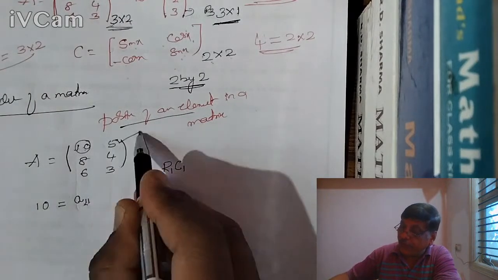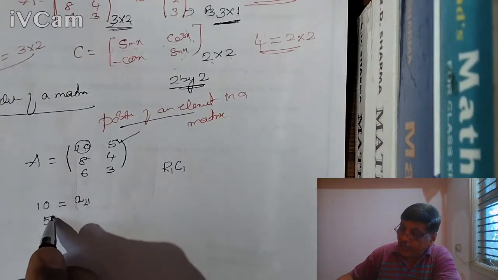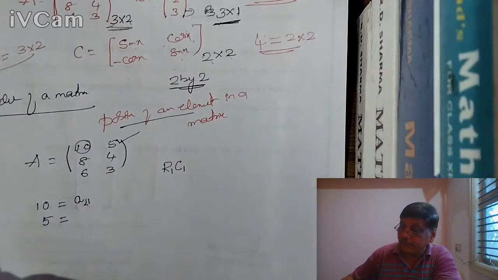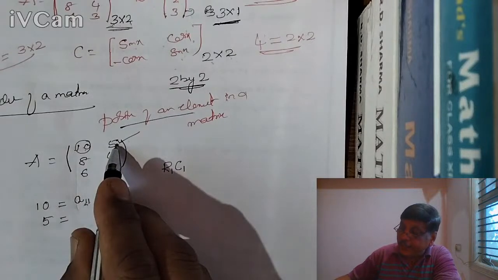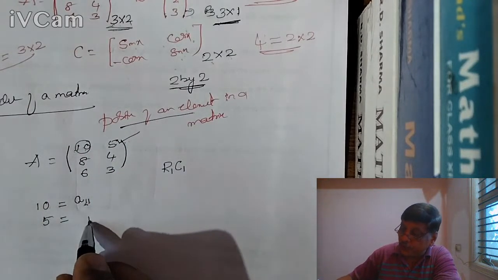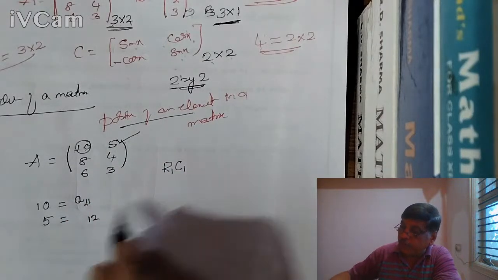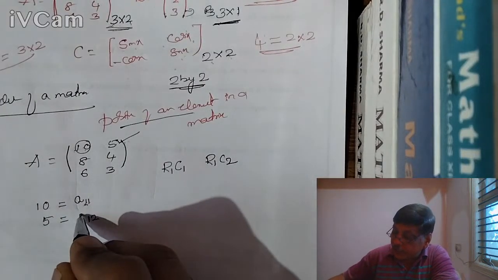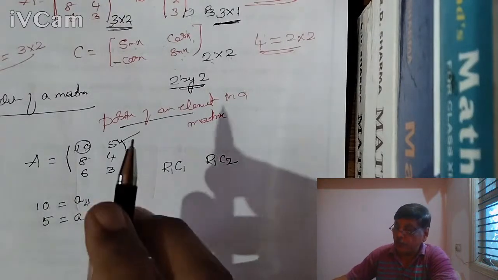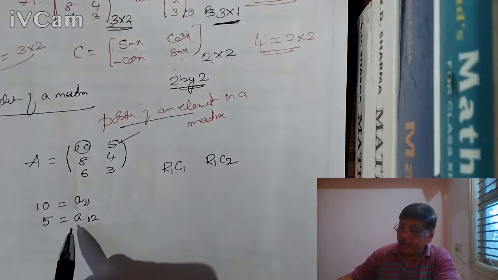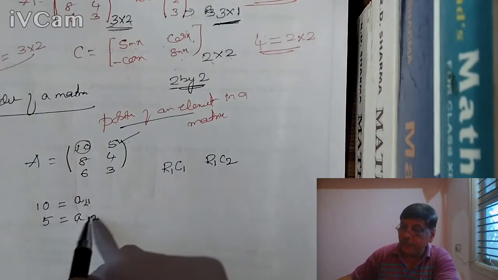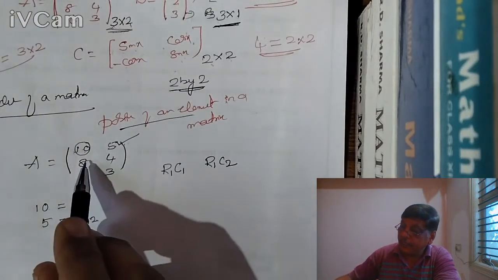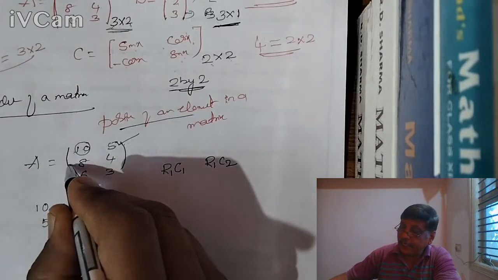Next, we take 5. We have to find in which row and which column it lies. The element 5 lies in the first row and second column. So we represent it by A12, the position of the element in the first row, second column. Next we take 8.